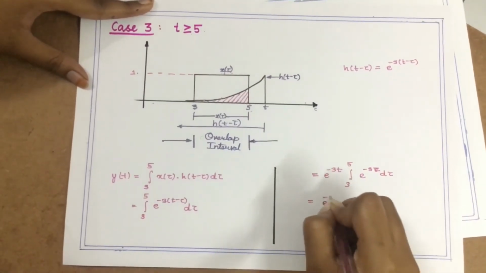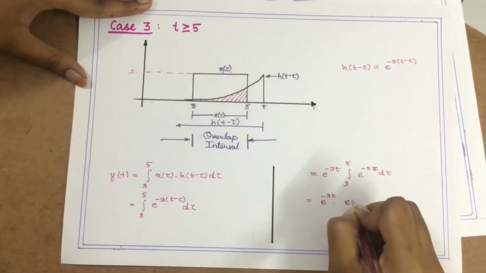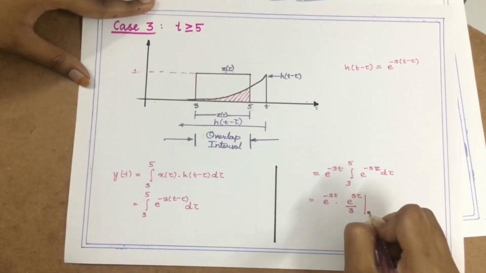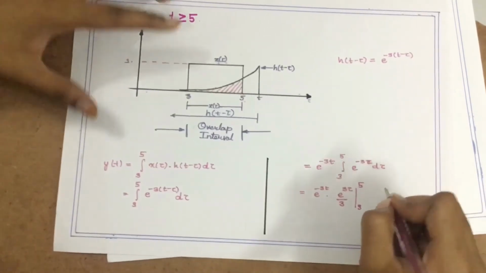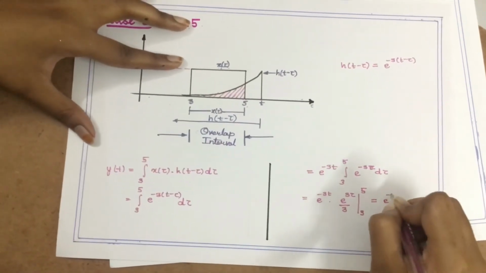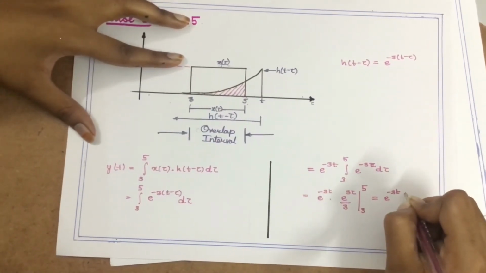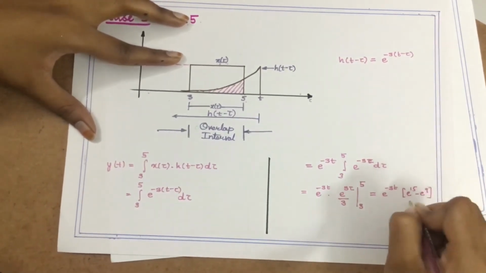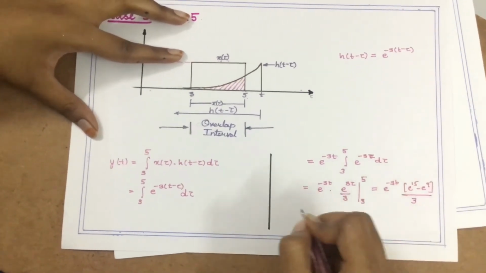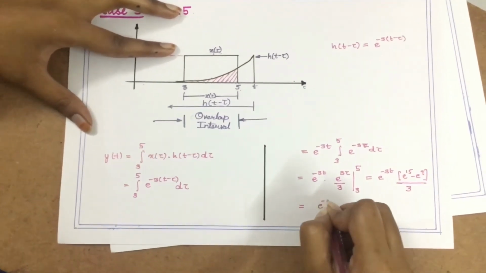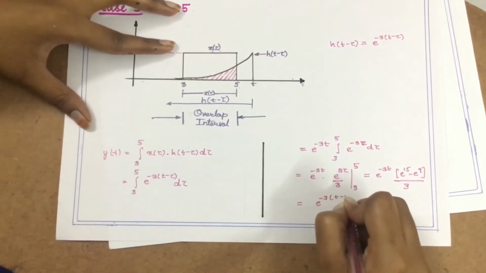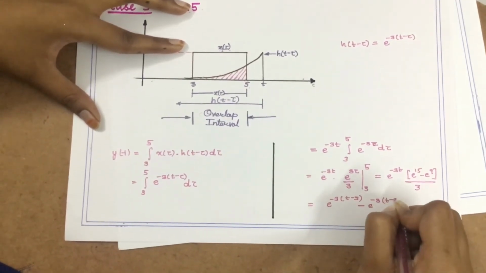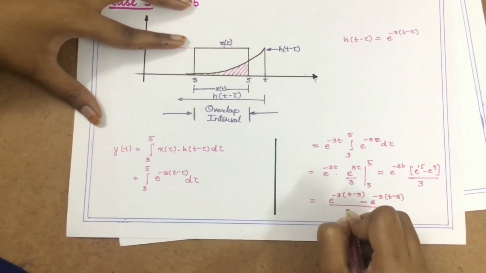This is equal to e^(-3t) into e^(3 tau) by 3 ranging from 3 to 5. Substituting these, we get e^(-3t) into (e^15 minus e^9) divided by 3. This can be written as (e^(-3(t minus 5)) minus e^(-3(t minus 3))) divided by 3.